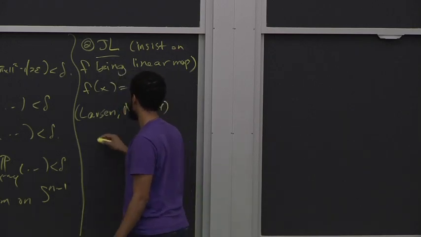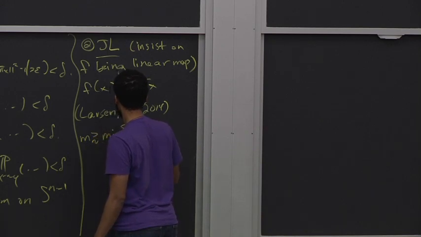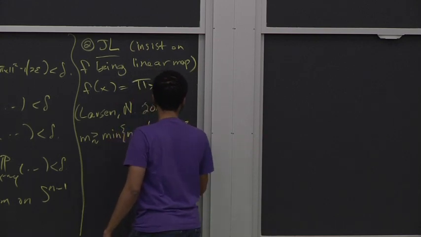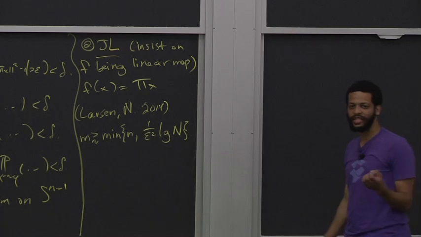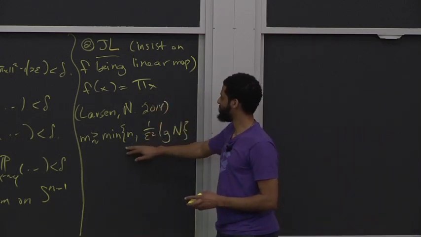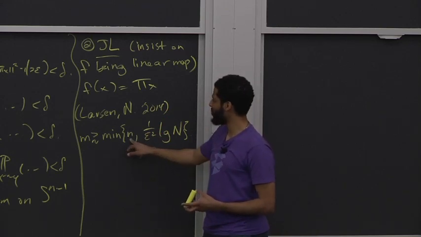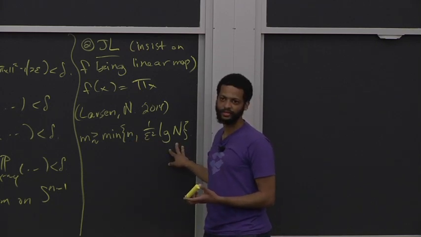It says that m has to be at least the min of n and 1 over epsilon squared log n. Okay? So there is a hard point set. There is a point set that any linear map which preserves it needs at least this many dimensions, which is tight, because you can always achieve n with the identity matrix, and this you can achieve with JL. Okay.